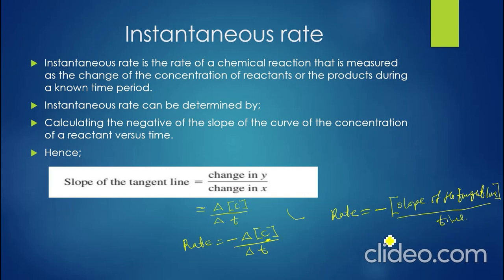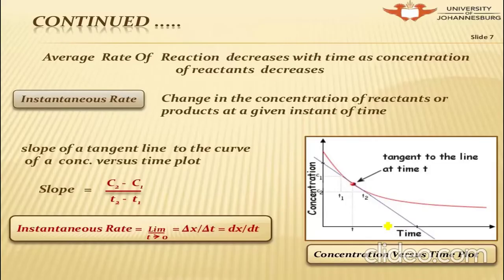Once you're having this, and you know that the slope is decreasing, it's going to give you a negative. So that negative times this negative, you're going to get rid of the negative, and you're going to get a positive instantaneous rate, because your answer is not supposed to be negative but positive. So that's how you go about this. Now let me show you an example so that you can understand fully.